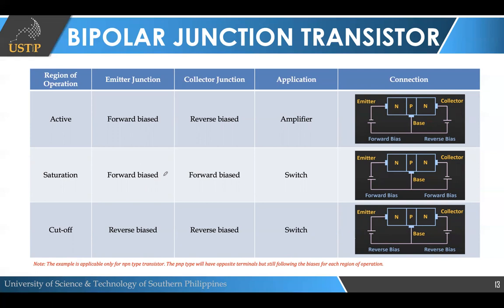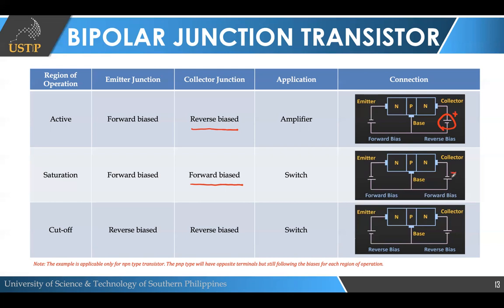Okay, let's go to our saturation region. Unsa pud atong biasing para mo-operate ang transistor in its saturation region? Ang imong balihon class, from your active region connection or biasing, is kining collector junction. So instead of reverse bias, ato siyang i-forward bias. Alright? So tanawan, nabali siya, di ba? Imong positive is nasa taas sa active, but for your saturation, ato na siyang gibali.